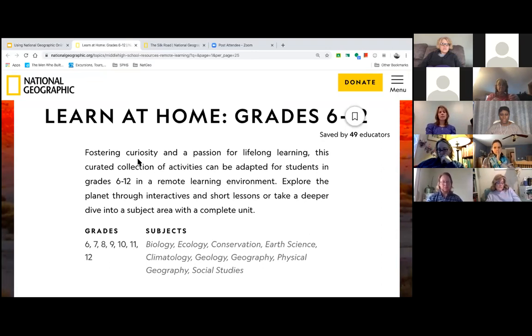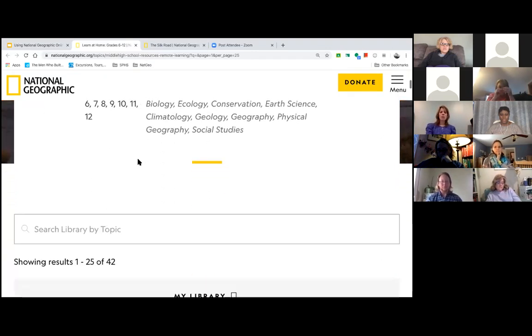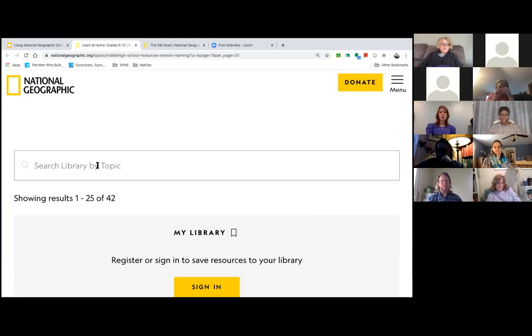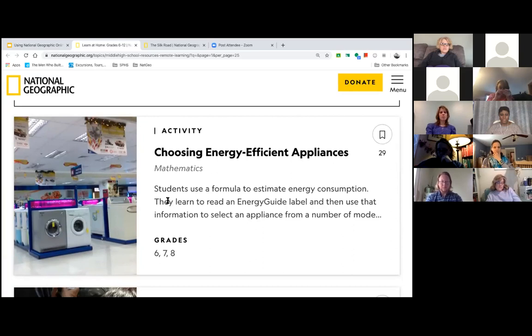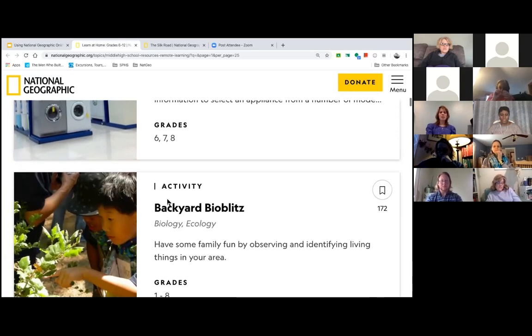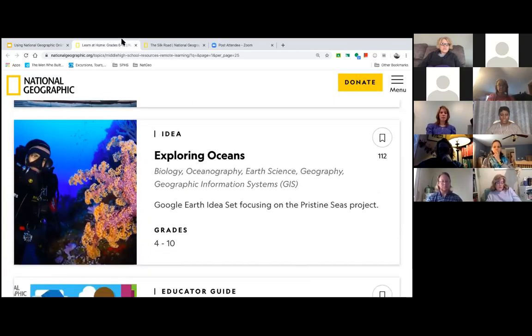These are definitely activities that you could push out throughout the school year itself. And then you'll be able to go in, you can type in the topic that you're looking for. There's information here about mathematics, there's backyard biology, ecology, all kinds of different components with this one here.